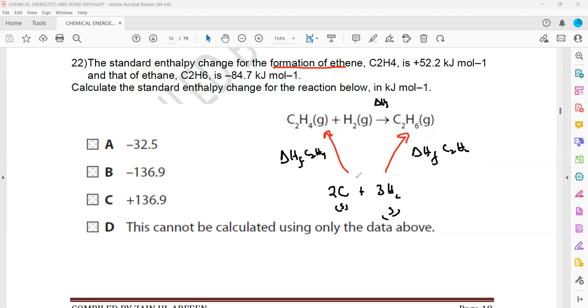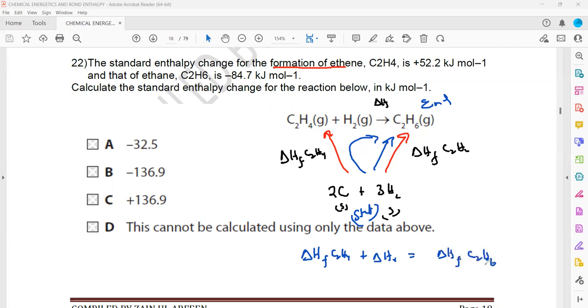According to Hess's law, the overall energy change does not depend on the route. This is the start of the cycle, and where 2 arrows are pointing in, that is the end of the cycle. So if we follow route 1 or route 2, the overall energy change does not depend on the route. So we can say the standard enthalpy change of formation of C2H4 plus the enthalpy change of this reaction is equal to the standard enthalpy change of formation of C2H6.